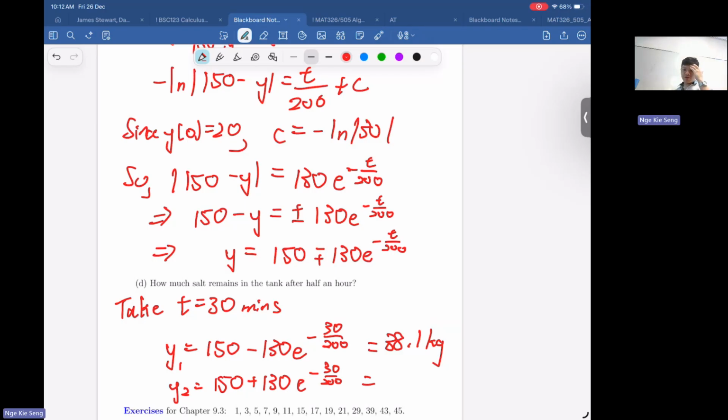Seems like one of the solutions doesn't make sense. Let's see why. How about the other solution? Anyone try and calculate the second one? What do you get? I think it is 262. If you don't want to use a calculator, you can use my approximation.